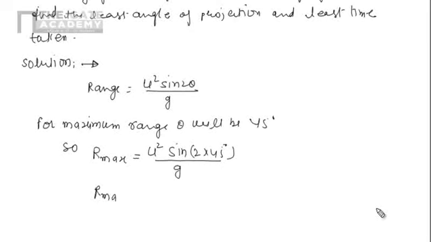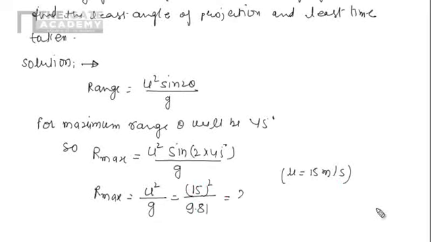So R max will be u square, that is sine 90, by g. Here u is given, that is 15 meter per second. So 15 square divided by 9.81, 225 by 9.81, the value will come around 22.935 meter.